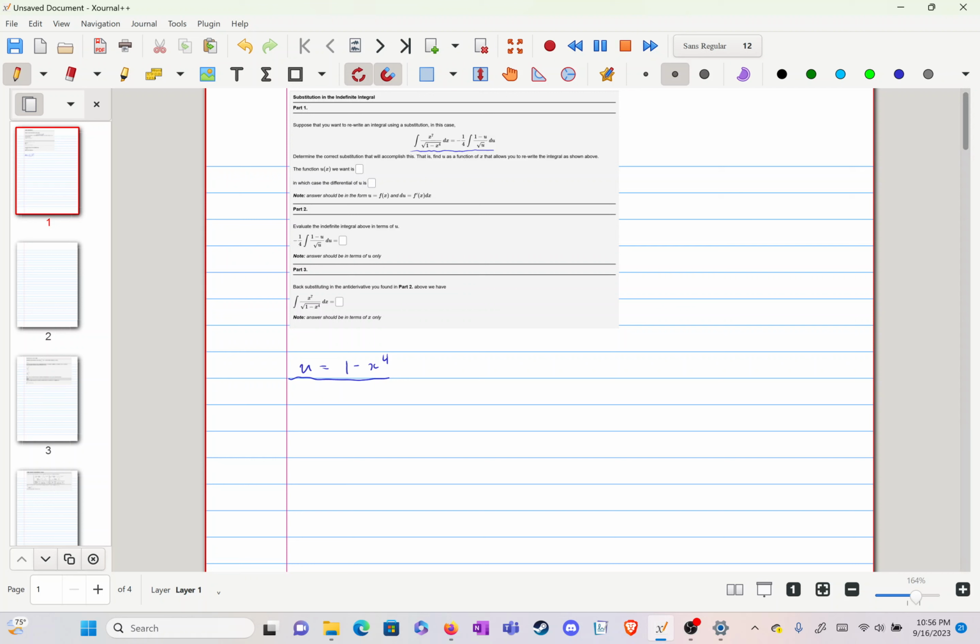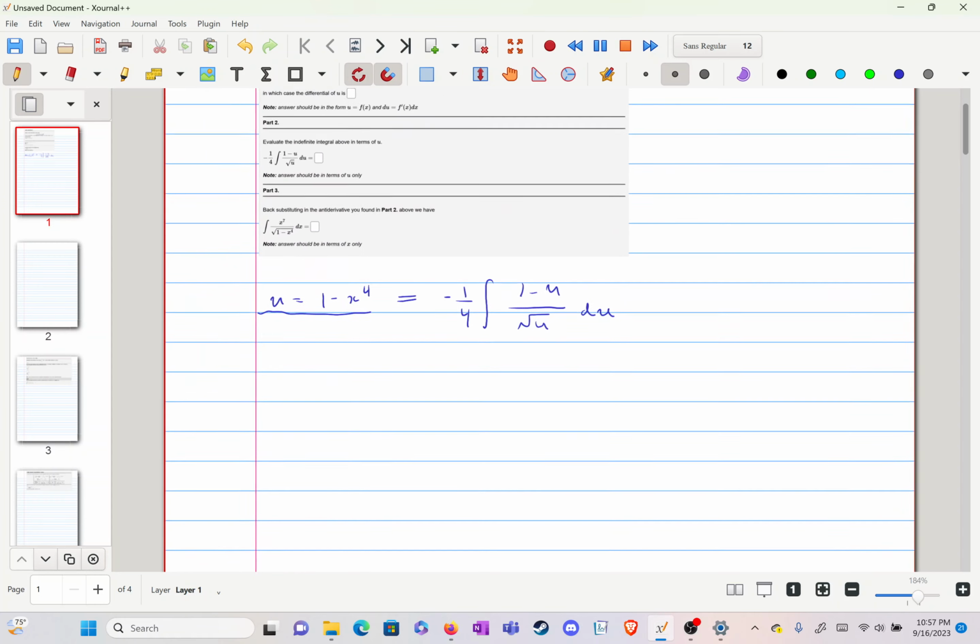So now let's put that in. Let's rewrite it as our new integral, negative 1/4 indefinite integral of 1 minus u over square root of u du. So now we want to differentiate that.